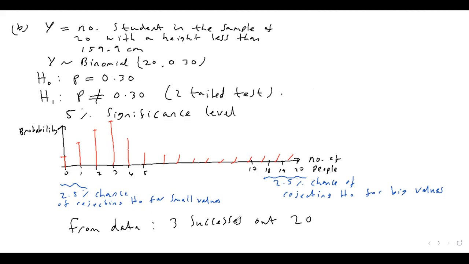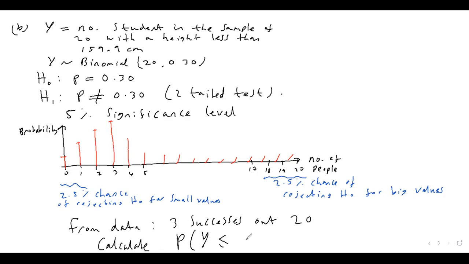The key thing to bear in mind now is that this seems a little bit counterintuitive, and this is what some students get confused with, and what I used to get confused with as well. We don't want to work out the probability that this Y distribution equals 3. We want to calculate the probability that Y is less than or equal to 3. So why do we want to do that?